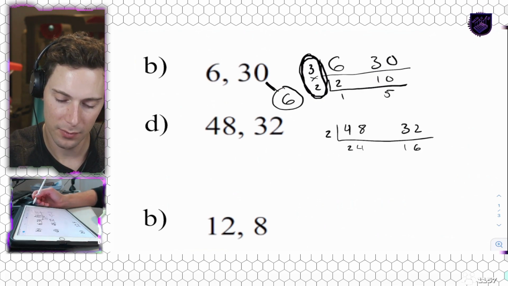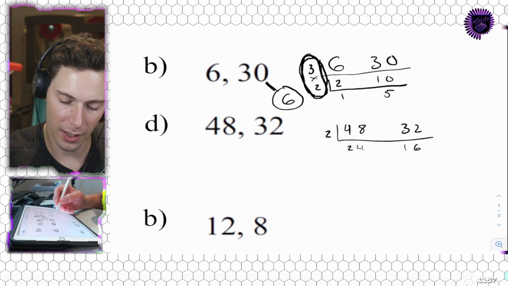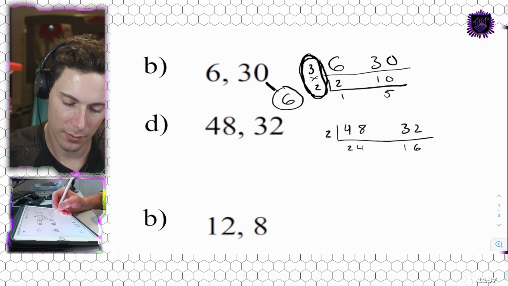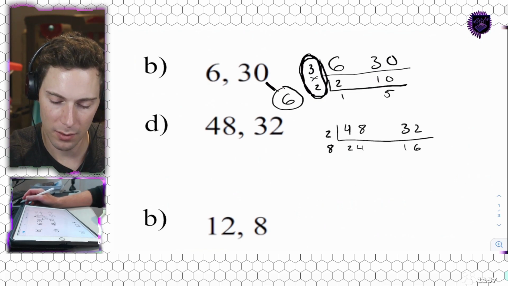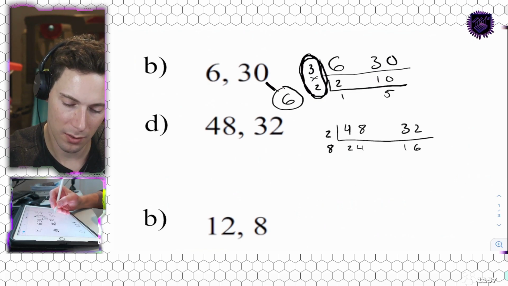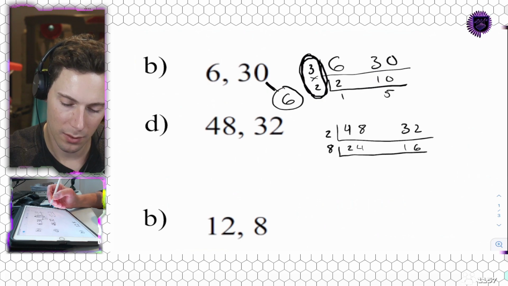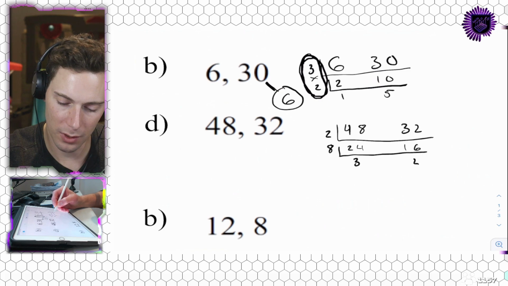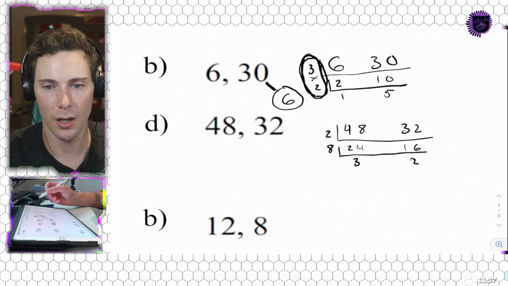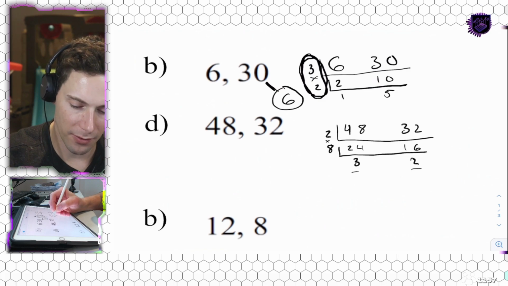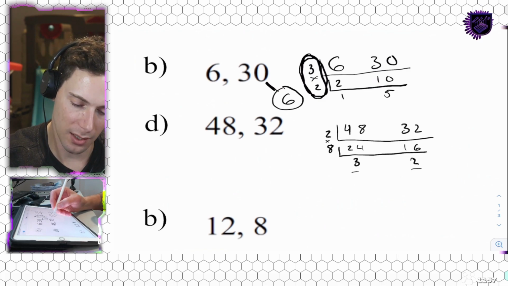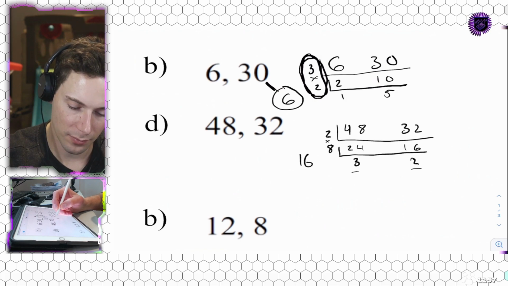Now, these have a common factor of 8. And that would be 3 and 2 into these 2 numbers. Now, do 3 and 2 have a common factor that's greater than 1? They do not. So the GCF is going to be 16. 2 times 8, which is 16.